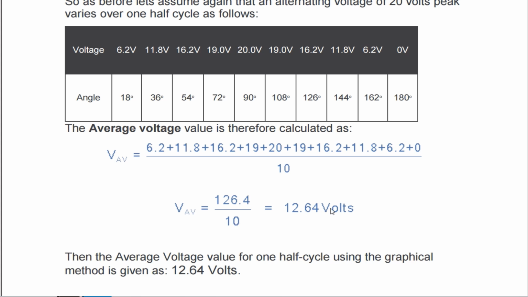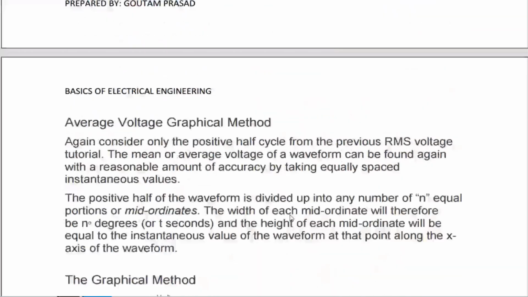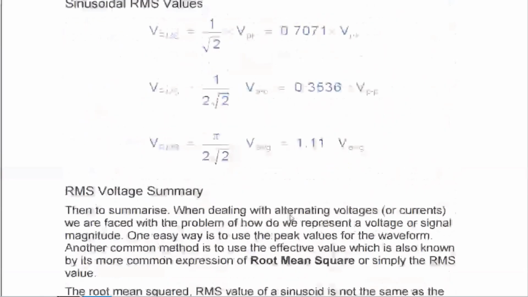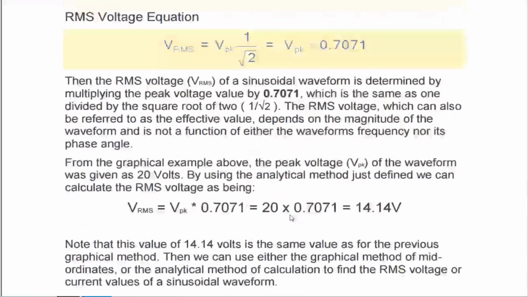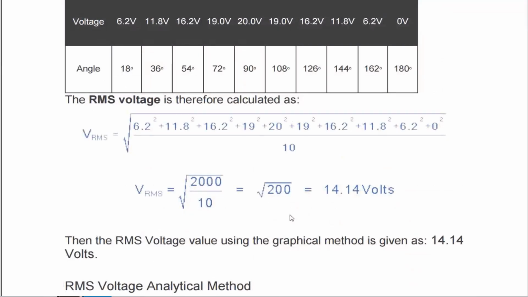12.64. In the earlier case, in the case of RMS value, it was 14.04, perhaps. What was the exact value? Let me scroll and check, it was 14.14 volts.